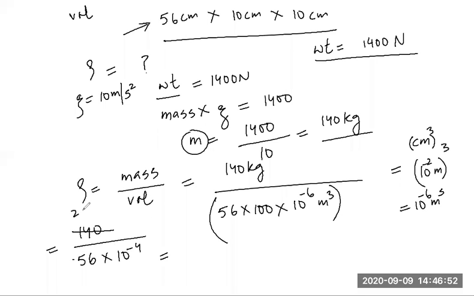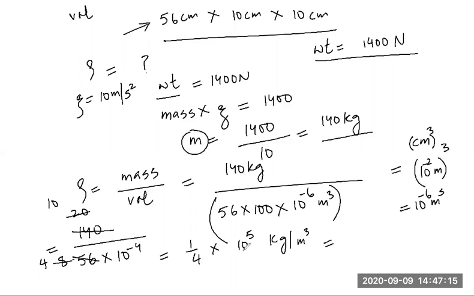So 7 to the 14, 7 8 the 56. Right? 2 4 the 8. So it is 1 by 4 into 10 raised to power 5, because 10 raised to power 4 minus 4 goes up, 10 raised to power 5 kilogram per meter cube.